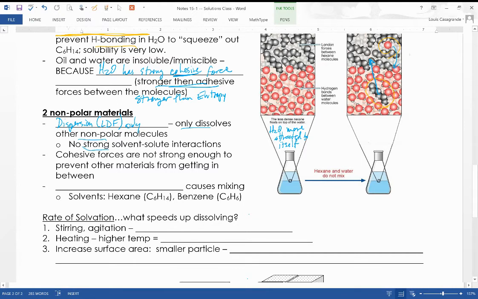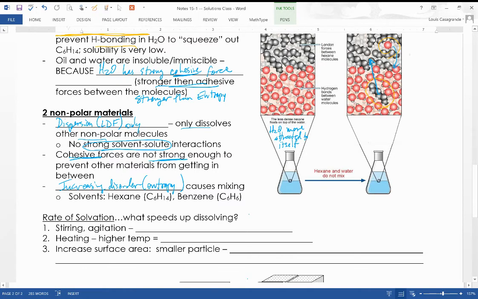There are no strong interactions between the molecules. So the cohesive forces, what I was referring to up above, are not strong enough to prevent the other materials from getting in between. So instead, we get that increasing disorder, that entropy effect that causes mixing to occur.